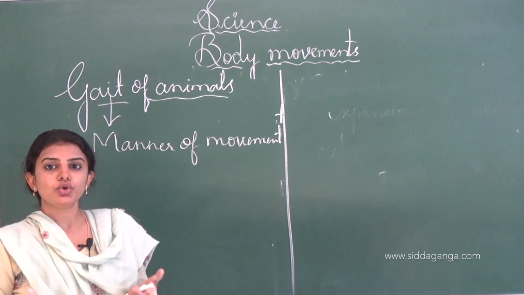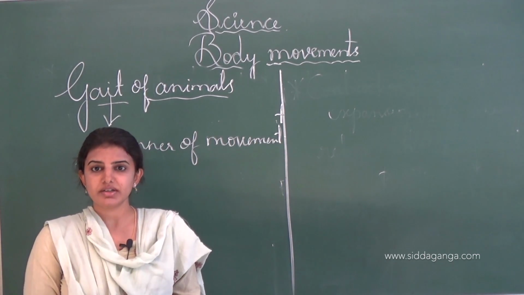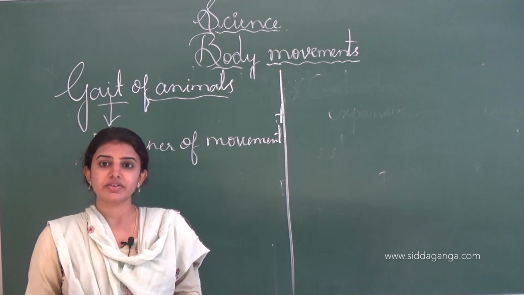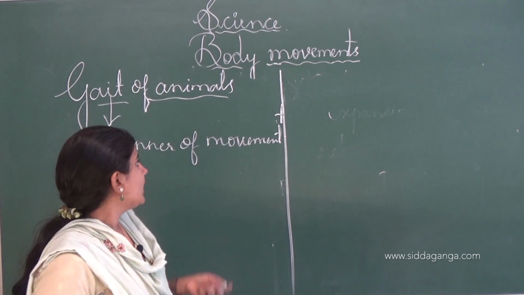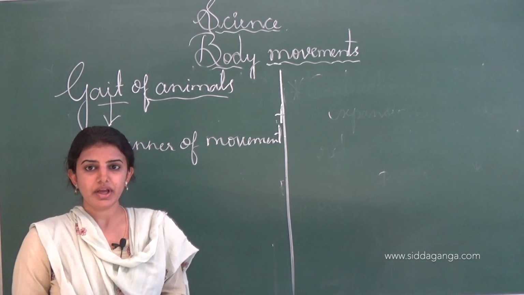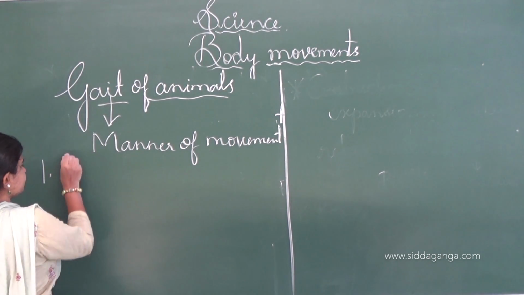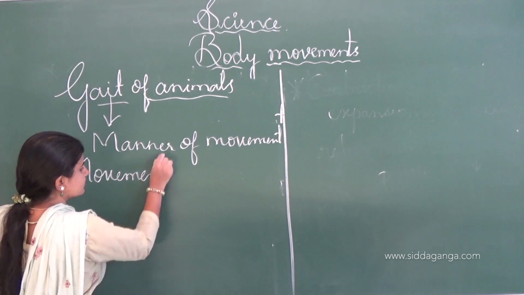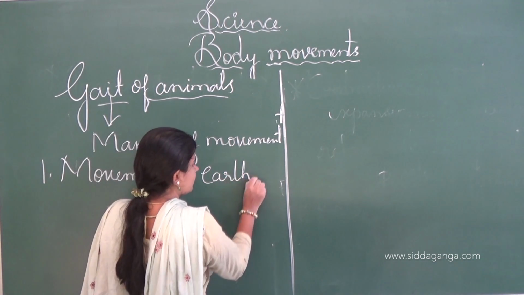There are different locomotory organs present in different animals. For example, birds fly in the sky and fishes swim in the water. Like that, different animals have different locomotory organs. And here there are some examples, the first one being the movement in the earthworm.